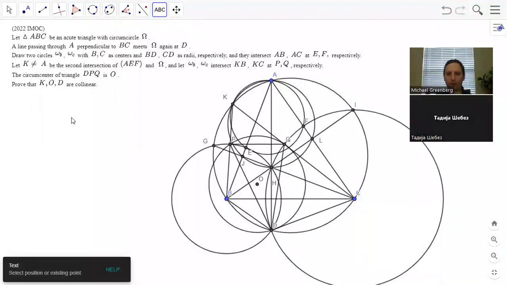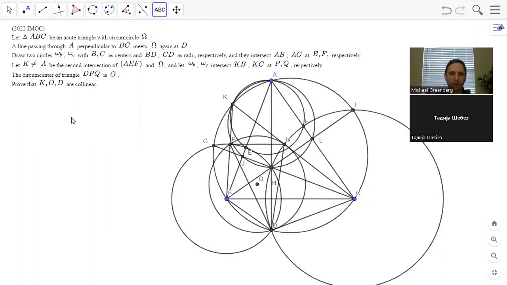So I'll say label G, J, I, and L as shown.